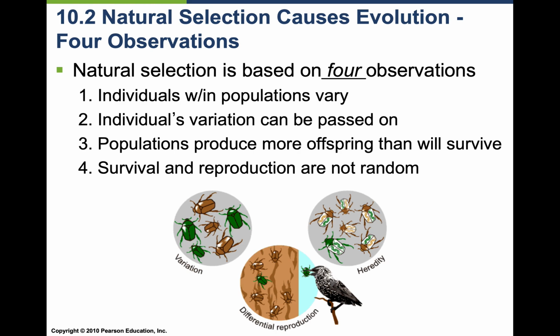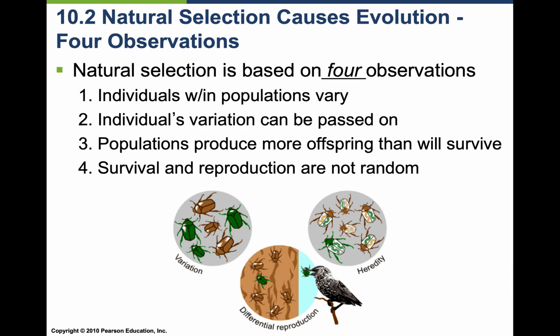We know this as well, right? Individuals that look very similar generally have children that look very similar to themselves. And vice versa, individuals that look very different, when they have children, you can see the genetics that have been passed on from 2 individuals that look very different to their offspring. Number 3, populations produce more offspring than will survive. This is absolutely true.